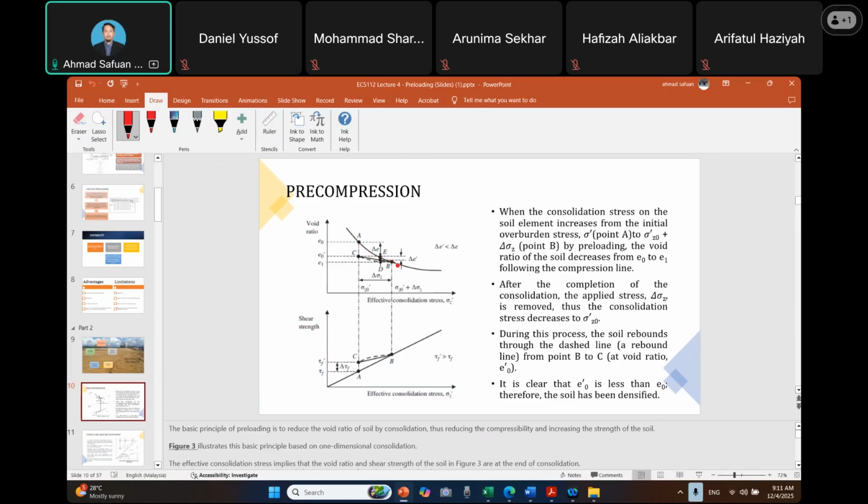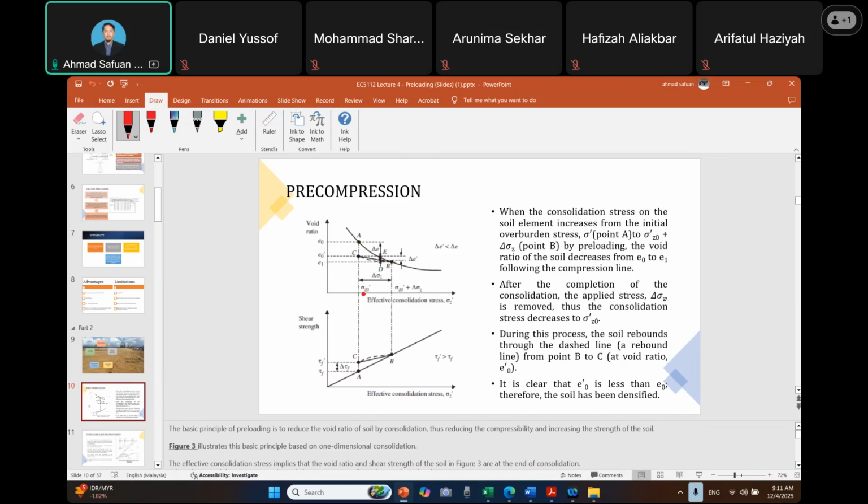After the completion of consolidation, the applied stress is removed. Thus, the consolidation stress decreases to sigma z naught. Once we apply the preloading, we remove the surcharge.